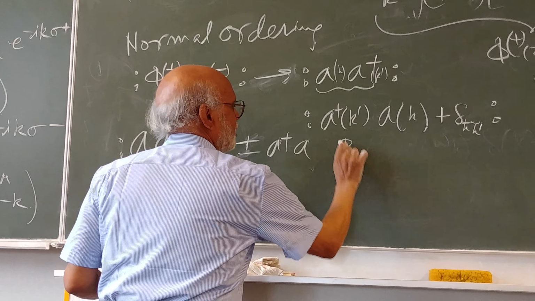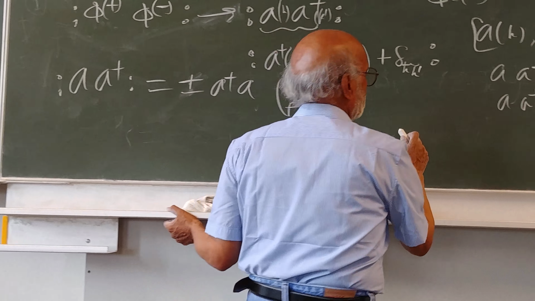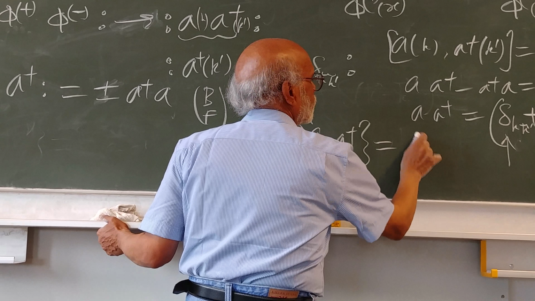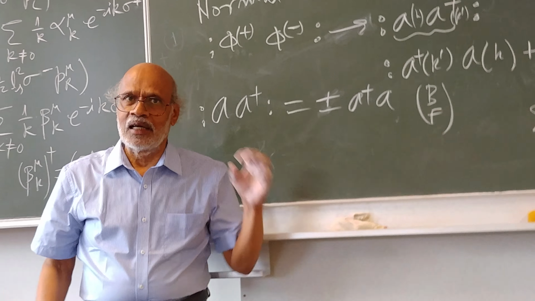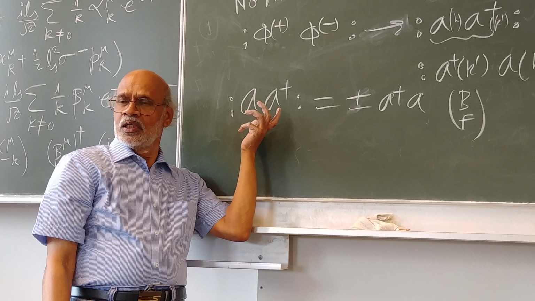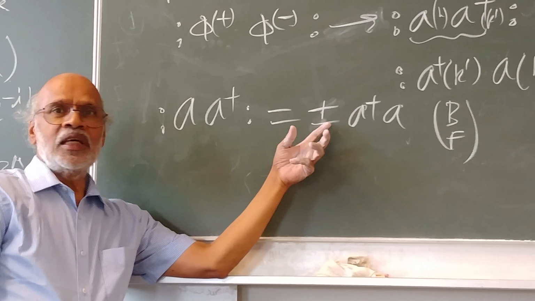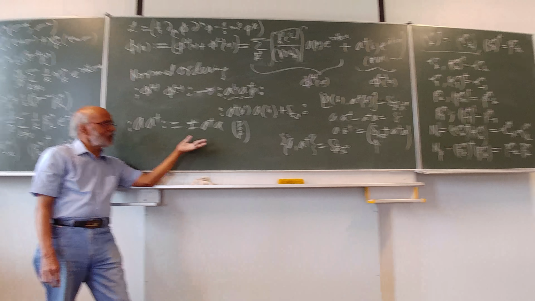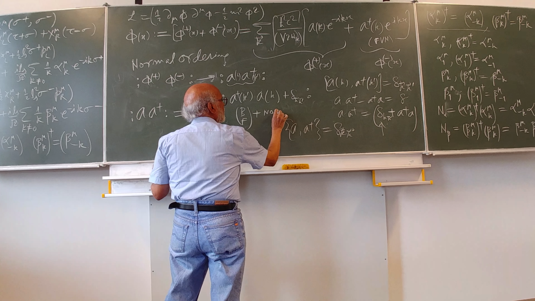For bosonic operators, if you interchange the positions of A and A dagger, they do not pick up any extra minus sign, they just stay like that, but with a plus normal ordering constant.